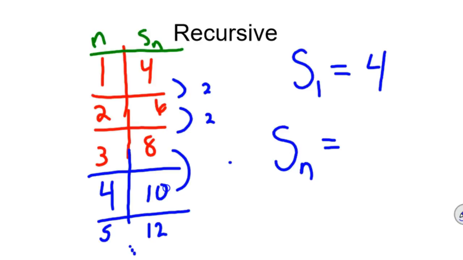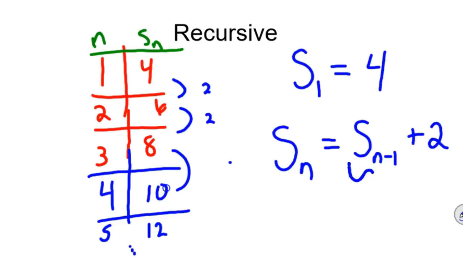If you think about the rule, it's your previous term plus 2. Mathematicians have a way of saying previous term. The previous term of the S sub N term is the S sub N minus 1 term. And so that's previous term plus 2 is our rule.